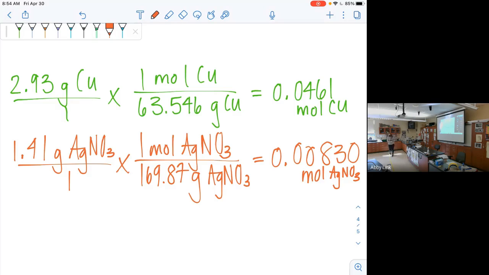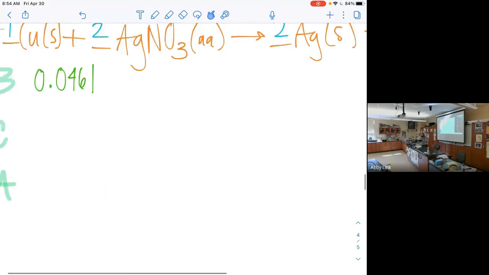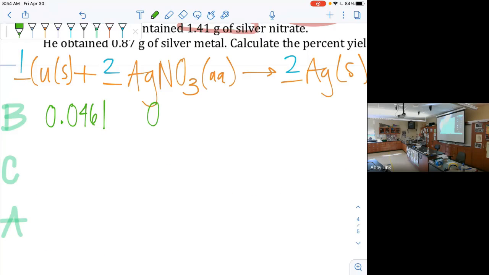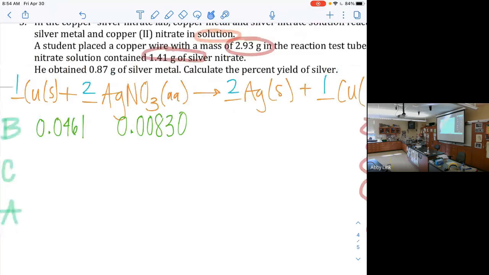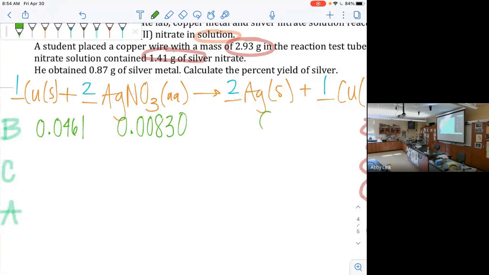Why did we round the molar mass of the first one to 3 decimals and not 2? Oh, the molar mass? Yeah, that's my bad. We can put that as 0.55. Sorry, that's my mistake. Good question. All right, so this 0.00830 is our before amount for our silver nitrate. So let's go back up here and put that into our table. 0.00830. And then for our product of silver, we still end up starting with 0 moles.